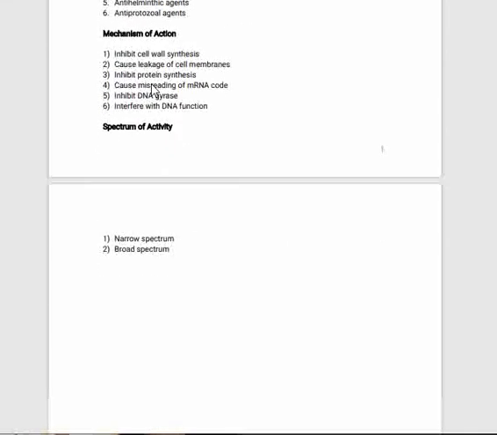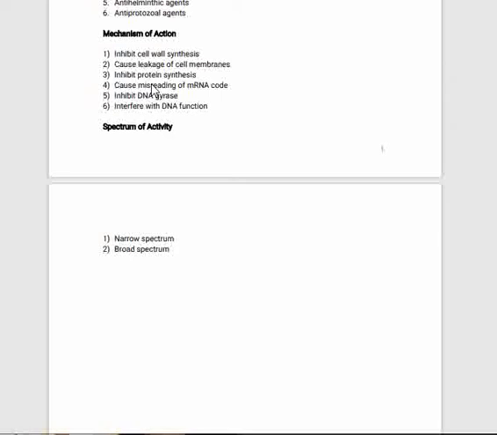Based on the spectrum of activity, from your hand you can see we have narrow spectrum and broad spectrum. Narrow spectrum are drugs that are specifically targeting a specific disease. For instance, we can have a drug which is only used for tuberculosis, yeah, and not used for other diseases. A specific drug which can only treat malaria but cannot treat any other.